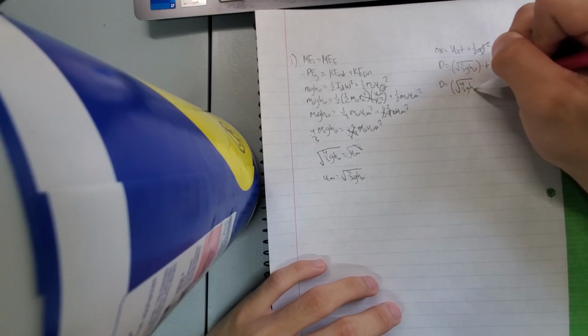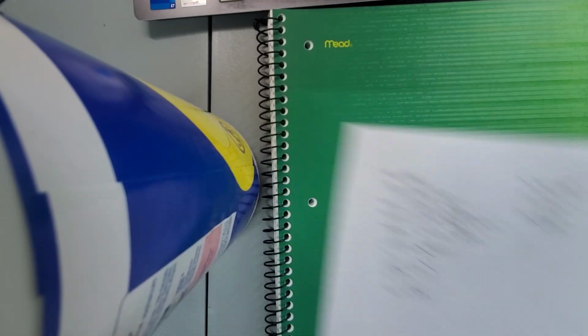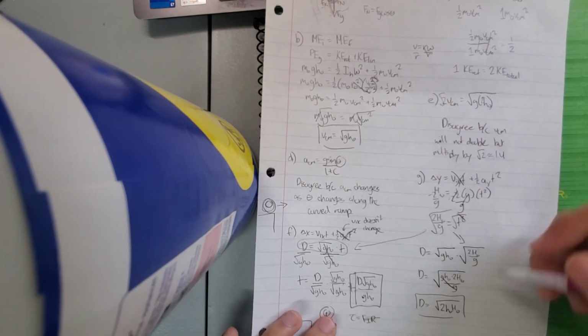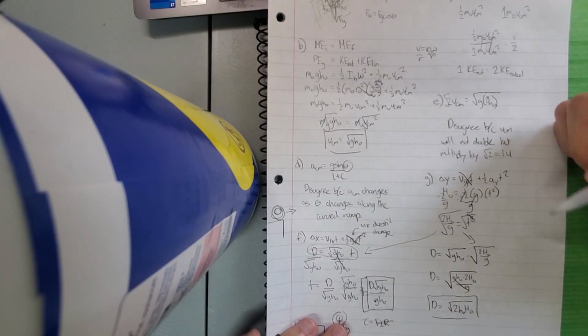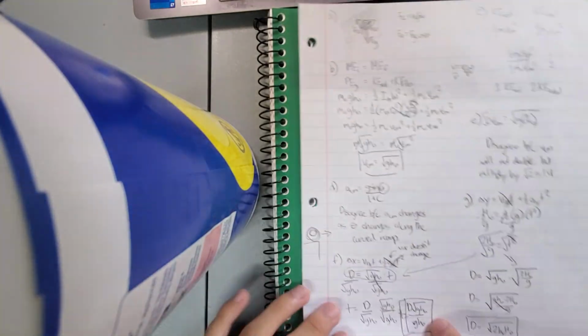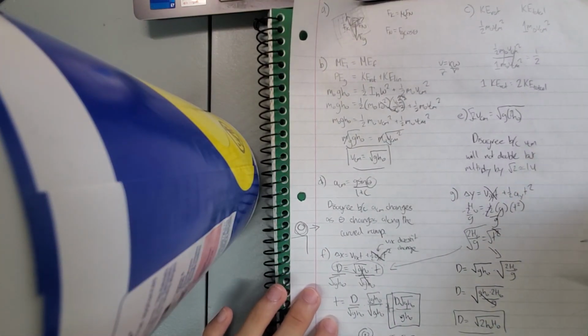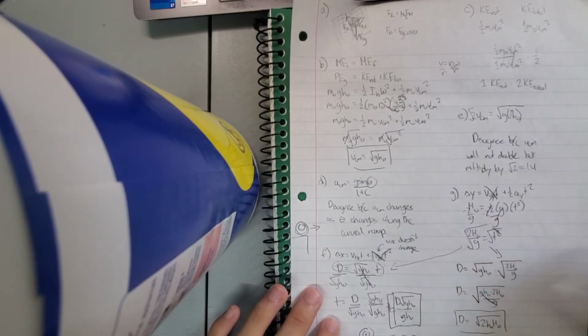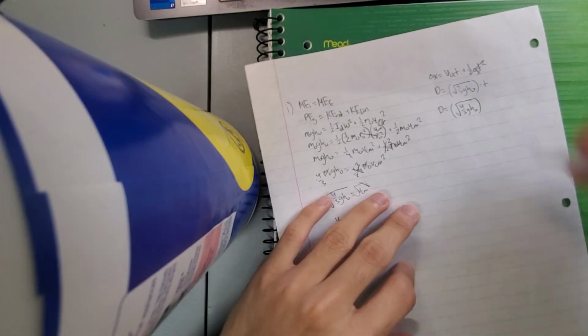And remember what I said like 2 seconds ago, everything we did for t wouldn't change as the hoop is replaced with the solid disk. So for t, we can just put square root 2 uppercase H naught over g again.